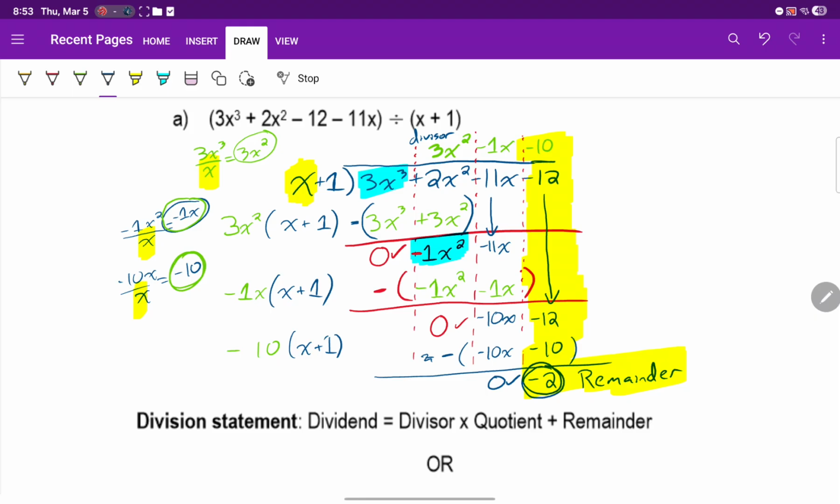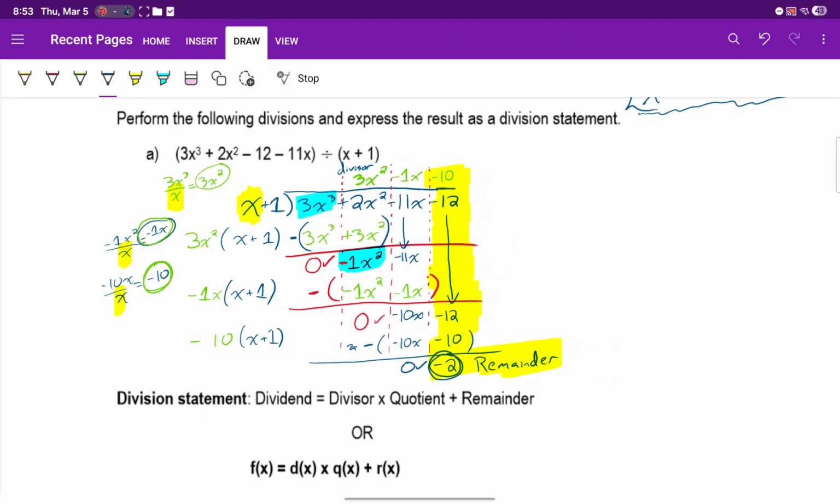Now I'm going to write out my division statement. Okay, so this is it. My division statement is my dividend, which is 3x cubed plus 2x squared minus 11x minus 12.